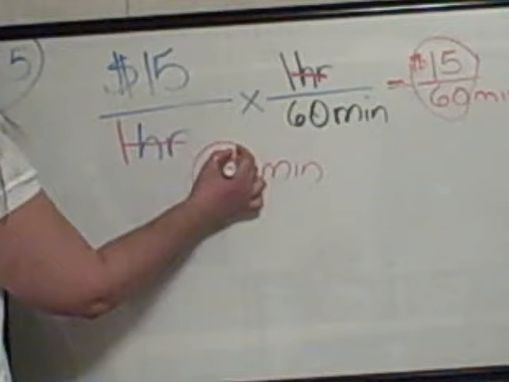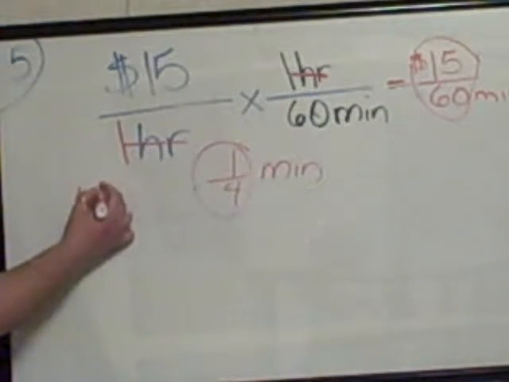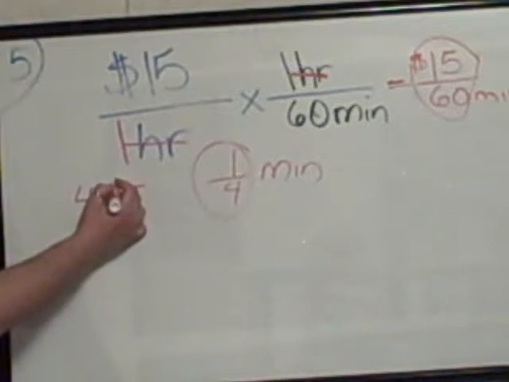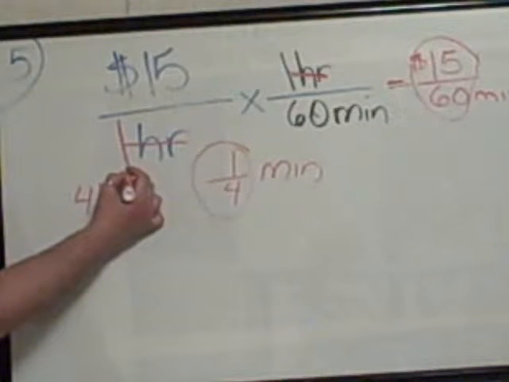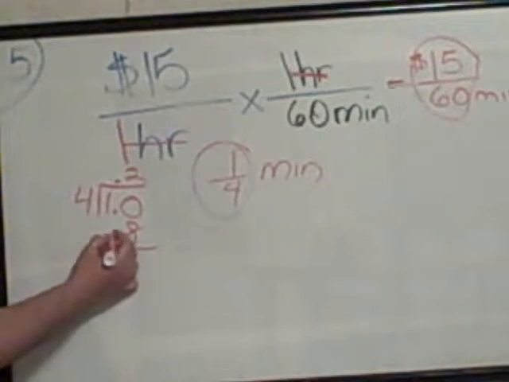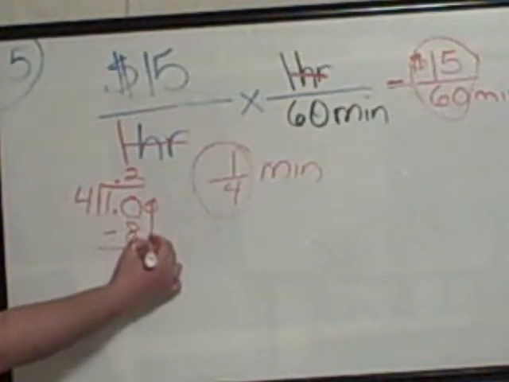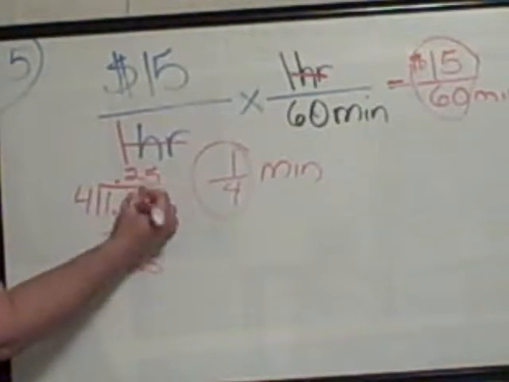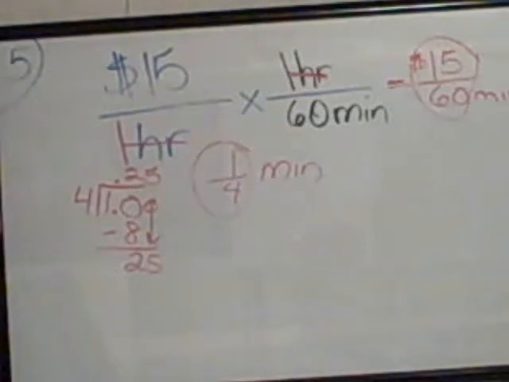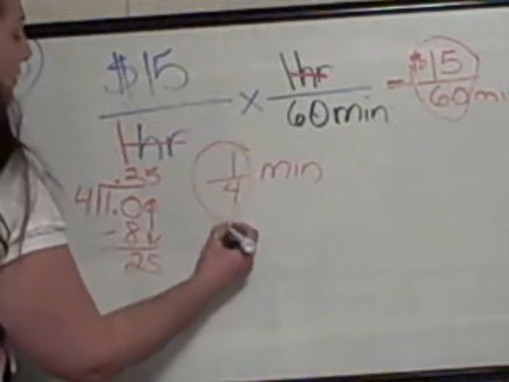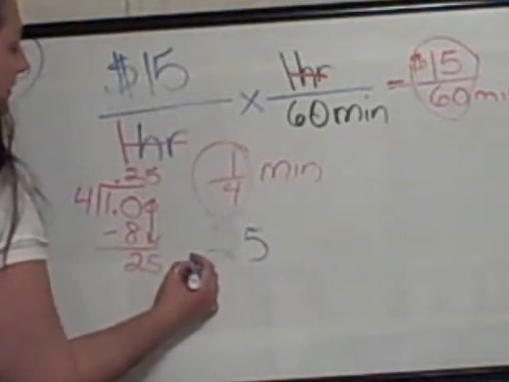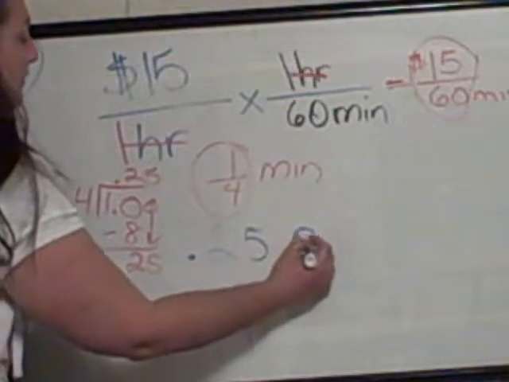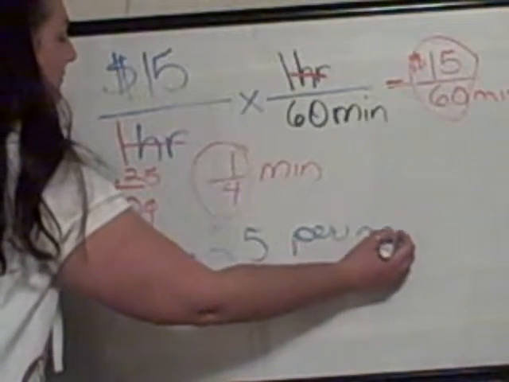Converting this to money, 4 goes into 1 .25 times. So my answer would be 25 cents per minute.